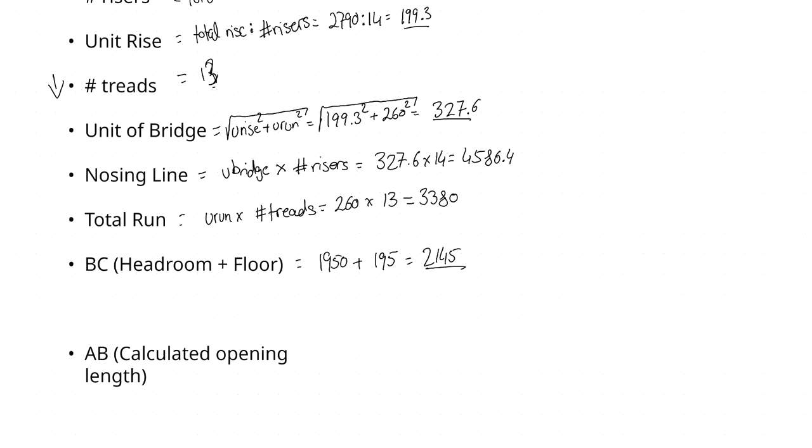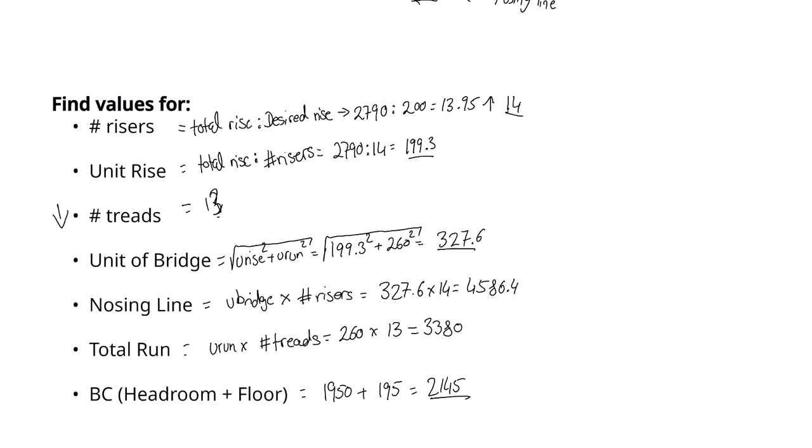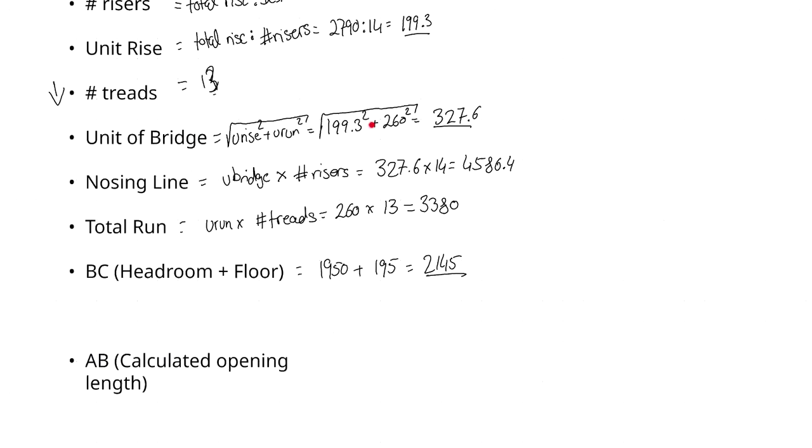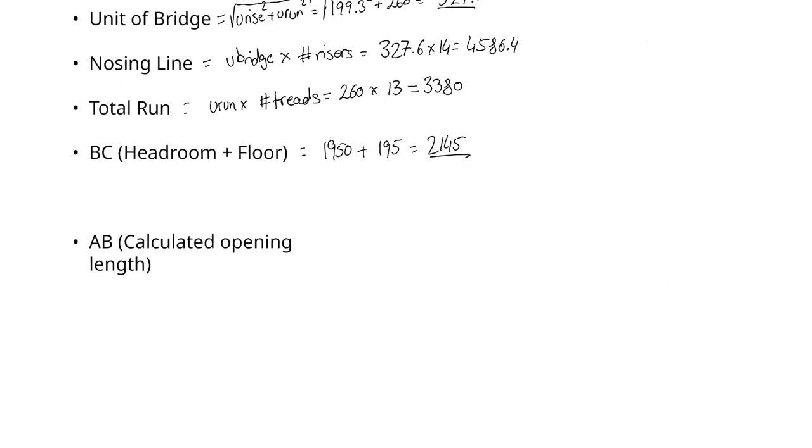So AB, one more time, this right here, the calculated opening length, is where we will compare the triangles of BC, or the drop to line of flight, to AB, our calculated opening, and we'll compare it to our unit rise to unit run triangle. And we're going to do ratio and proportion to figure that out. So the way it goes is unit rise over unit run equals BC over AB.